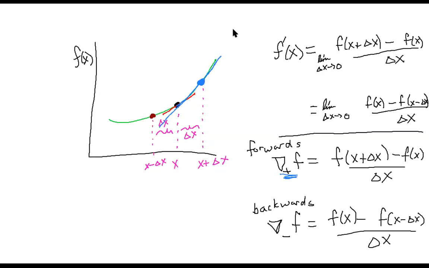Whereas the backwards derivative, we'll do that one in brown, computes the slope of this secant line. And if you make delta x go to 0 fast enough, then the slope of the blue line and the slope of the brown line all converge to the slope of the tangent line, and you get the same answer.